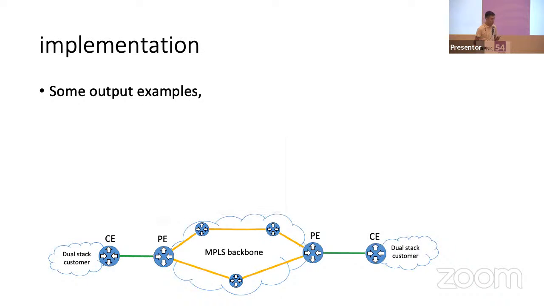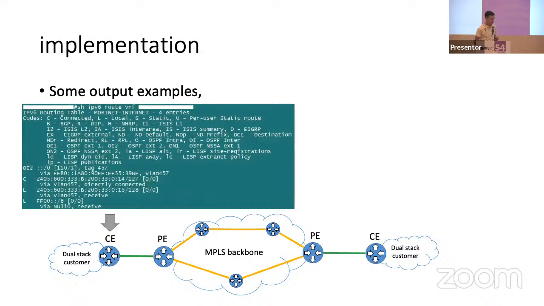Also, here's the output of the IPv6 routing table, and you can see we have a default route from the MPLS network.